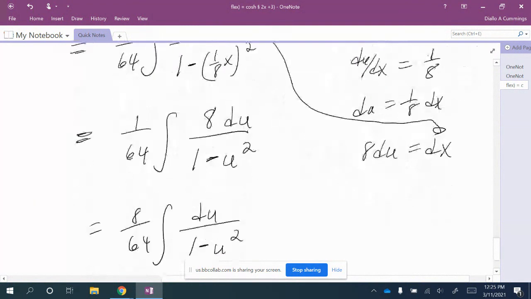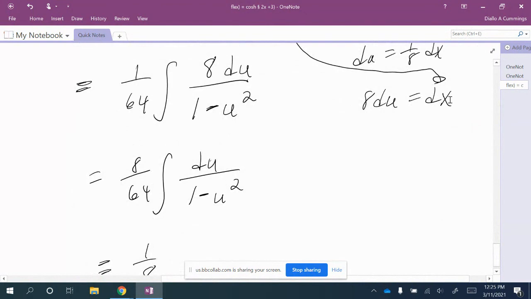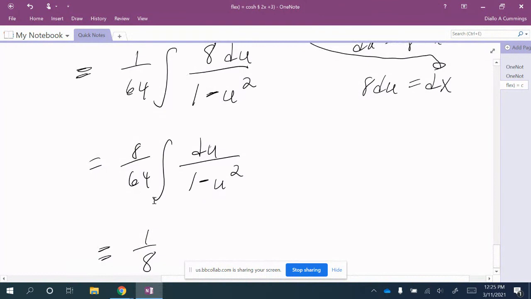Next, I pull 8 in front of the integral operator. All right, so I have 8 over 64 times the integral of du divided by 1 minus u squared. I simplified 8 over 64 to get 1/8.